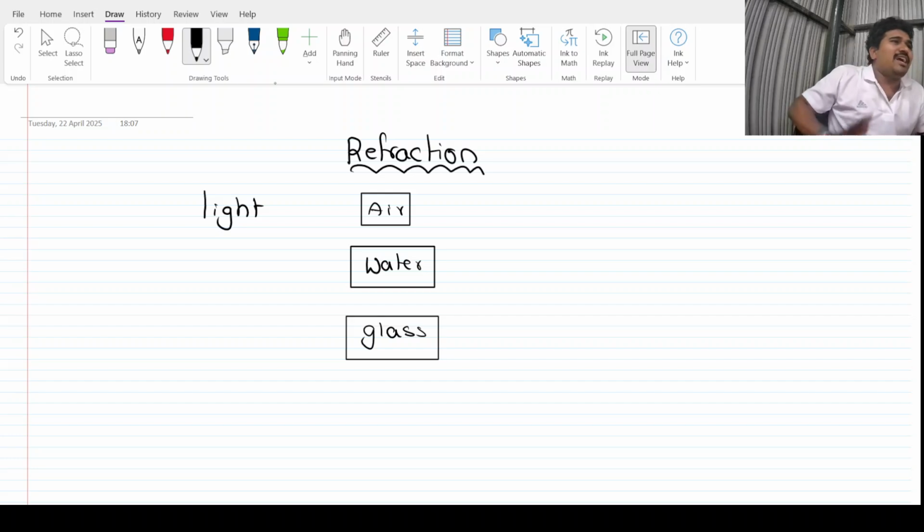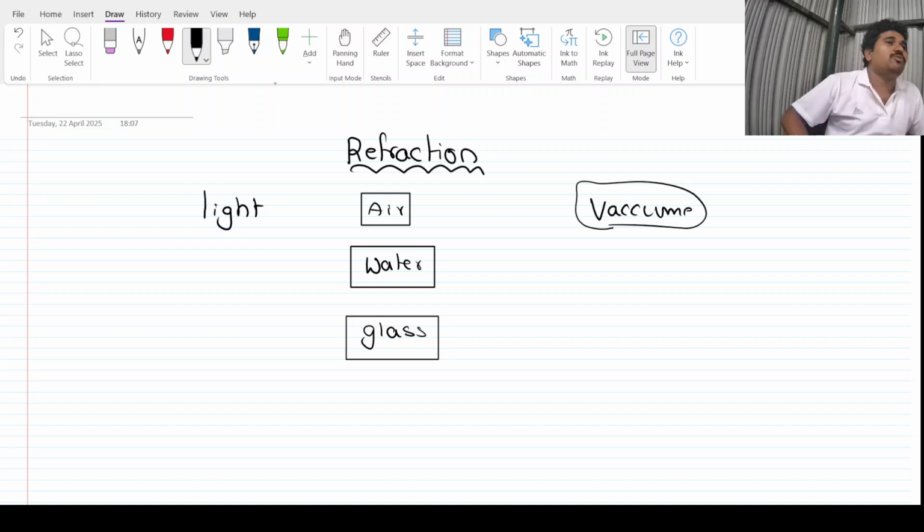Light has the highest possible speed in vacuum. Where? In vacuum only. How much is that speed? 3 into 10 power 8 meter per second. Vacuum means nothing should be there.